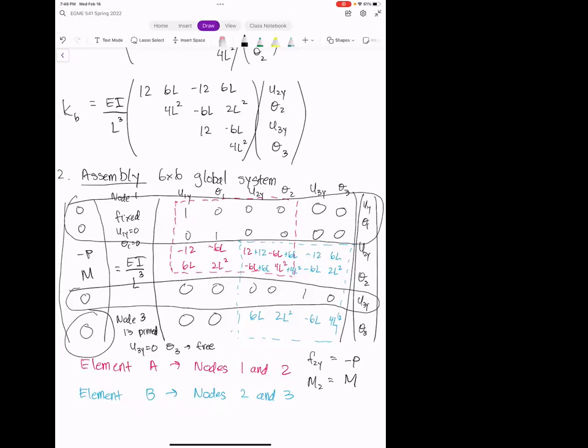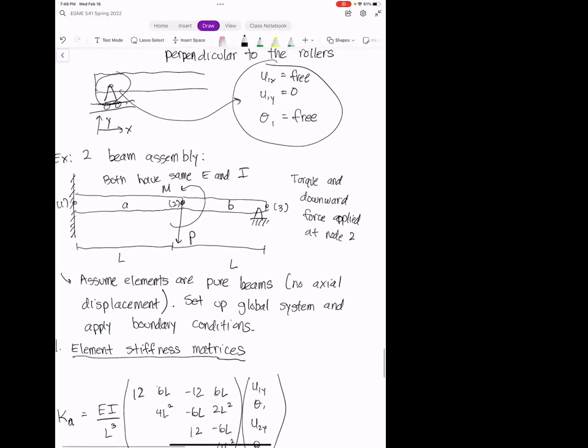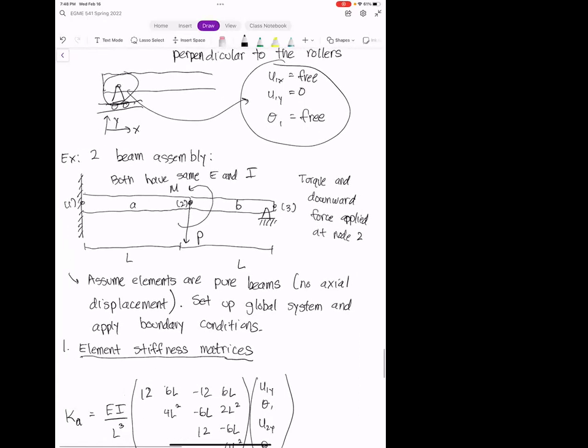Could you briefly explain why there's no horizontal displacement? I know we assumed no axial, but why are we assuming that? It's a good question. For this problem, the main reason we're not considering it is our assumption.